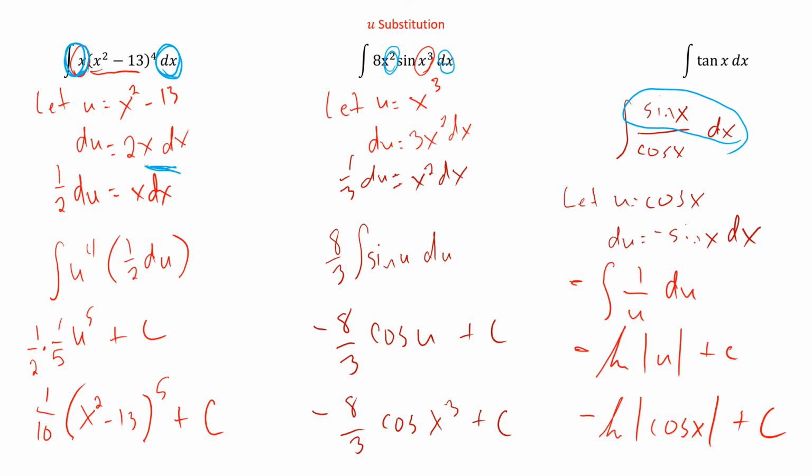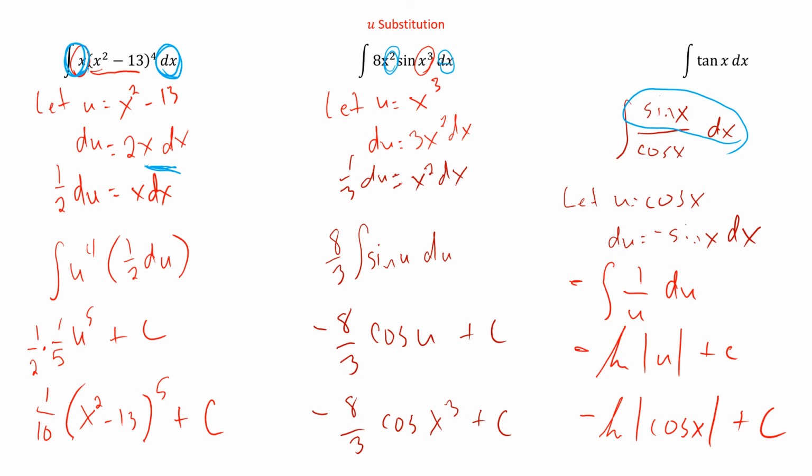So this is what we're doing in this section. It's using u substitution so we can take the antiderivatives of even bigger integrals. And this is really as far as this is going to get us this year.